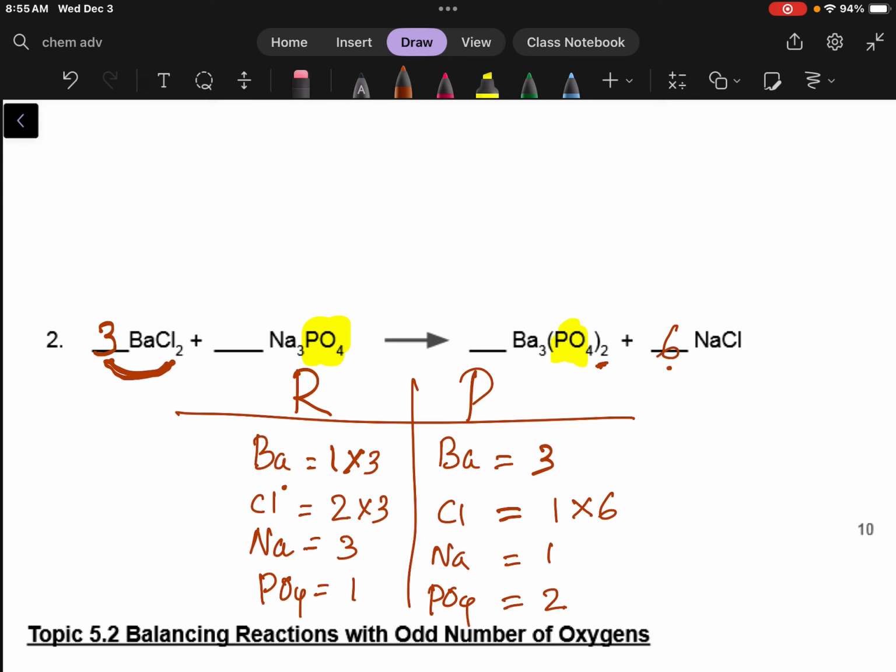That changed what here? What is connected to chlorine here? Sodium. So sodium becomes 6, so you will multiply here with what? This is already 3. We have to multiply only with what? 2. So that changes phosphate into what? 2, and phosphate is already 2 here.